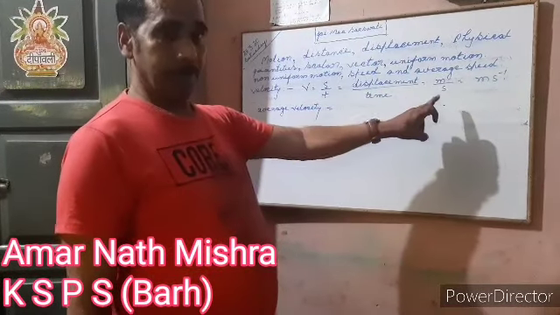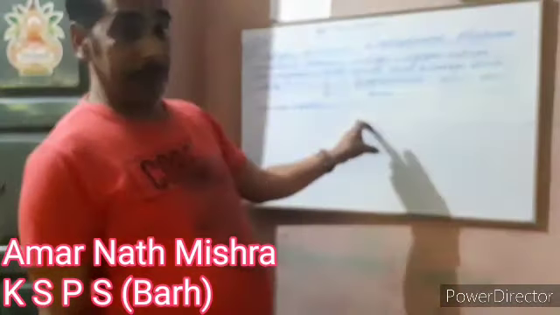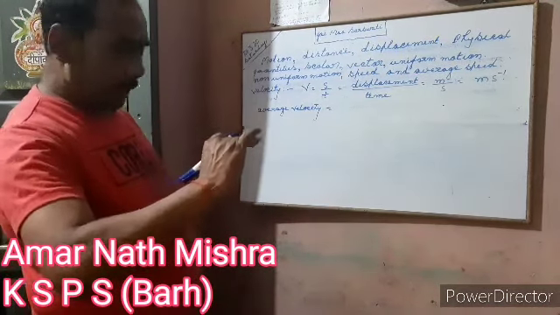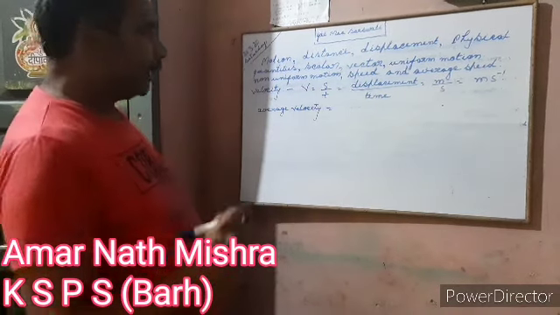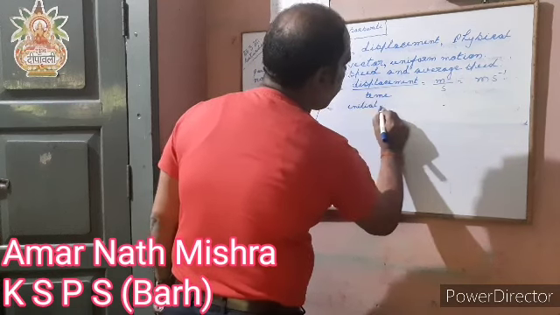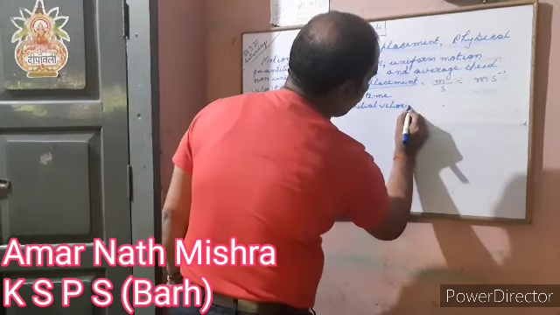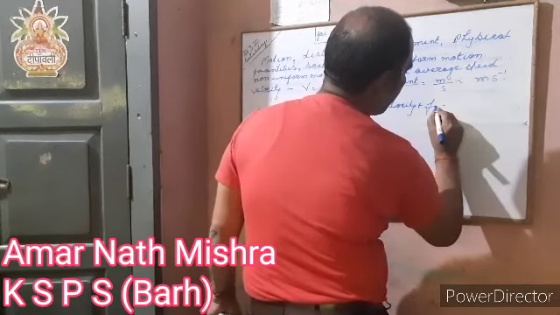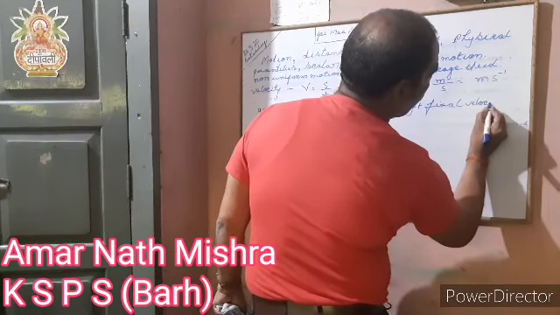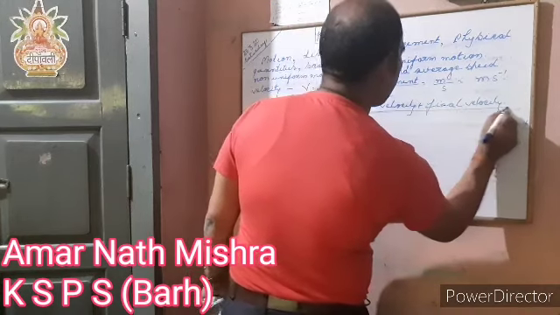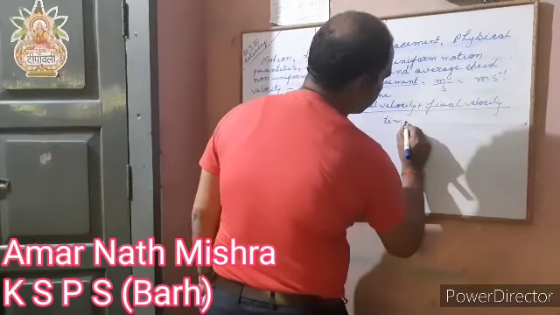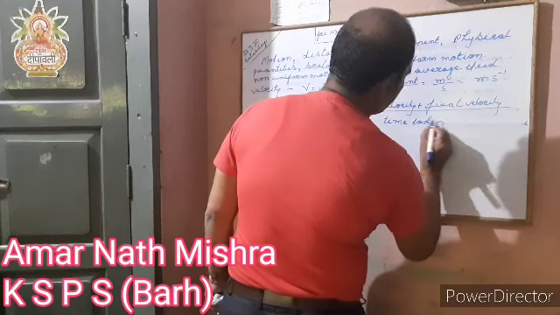But here it is total displacement covered by total time taken, and informally you will add initial velocity plus final velocity by time taken.